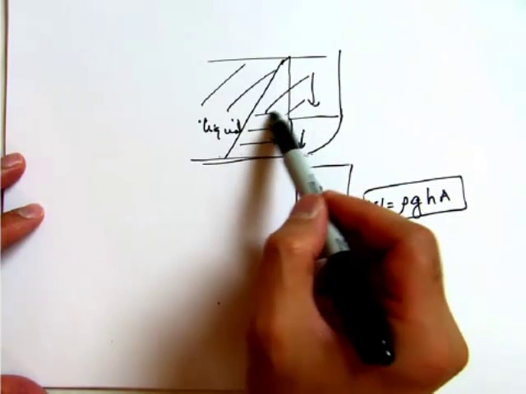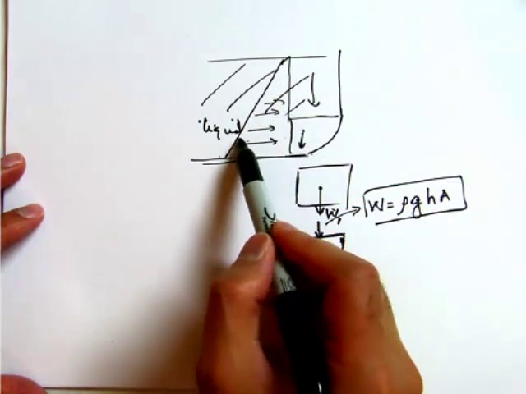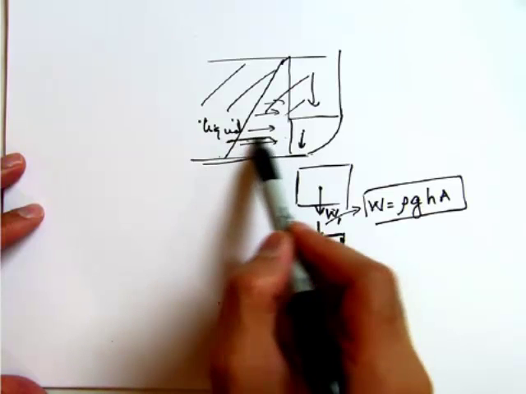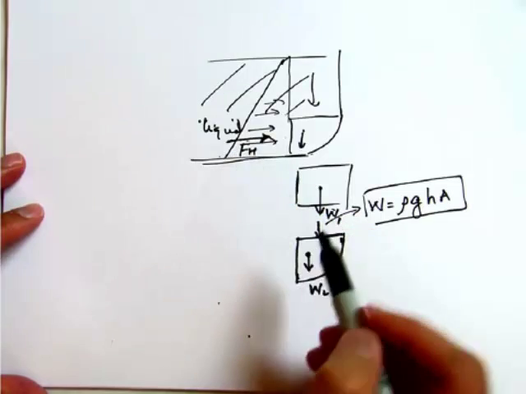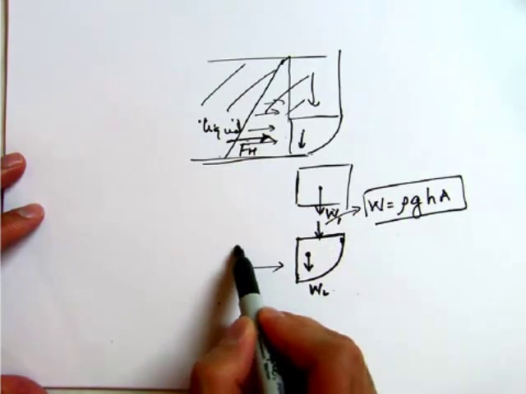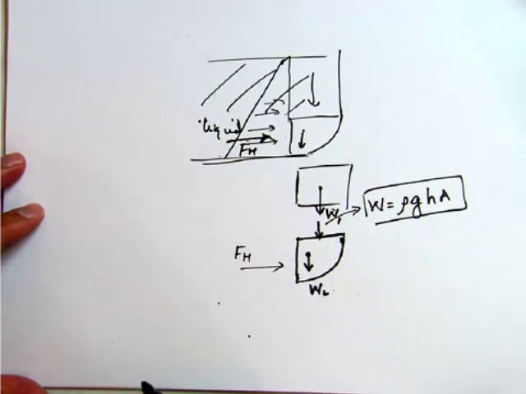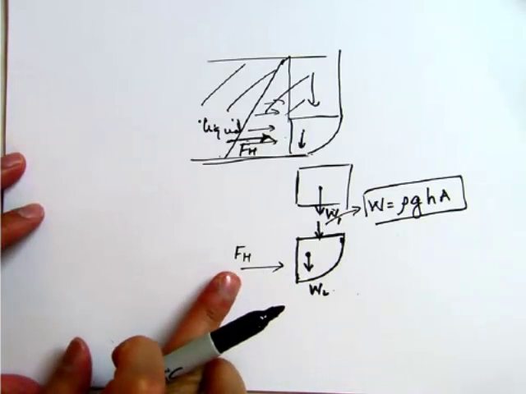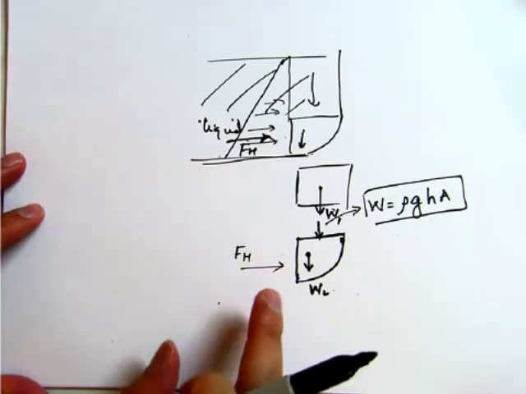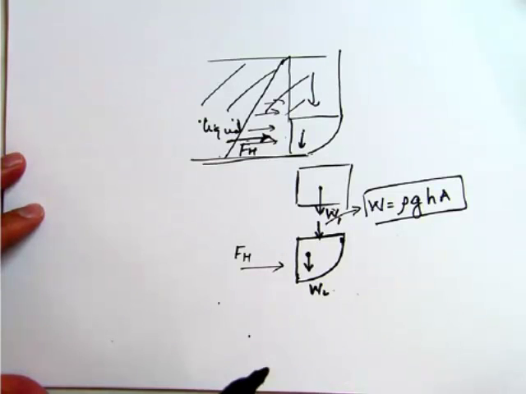So now you have this pressure or this force acting in this direction, which I am representing by F of H. So this is the horizontal force, so F of H will be acting in this direction. We do know this F of H is acting in this direction. We don't know the location of that force.